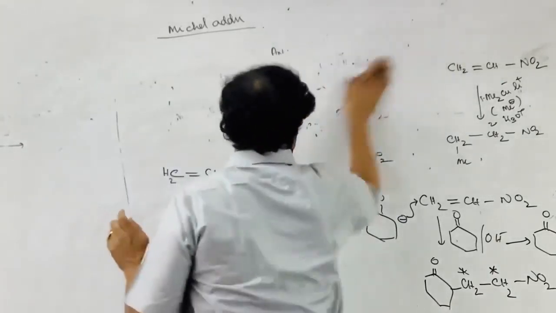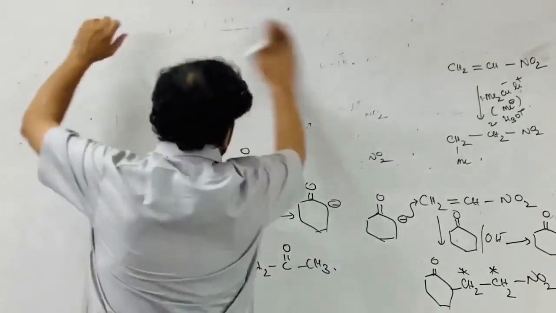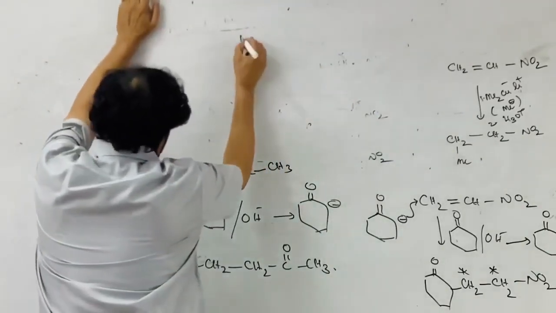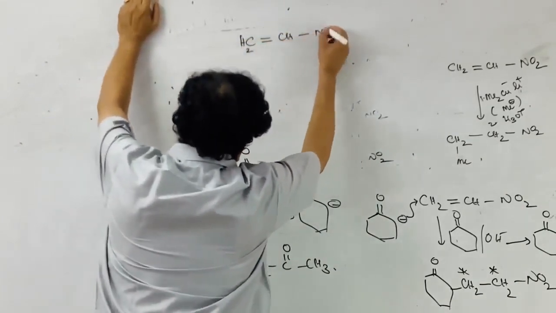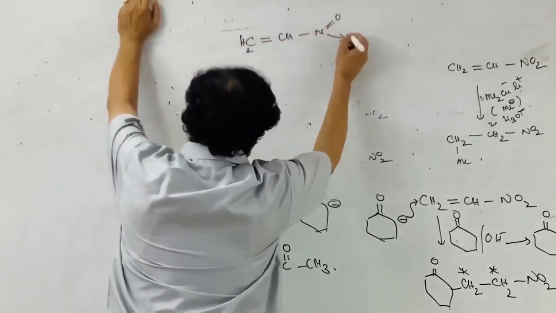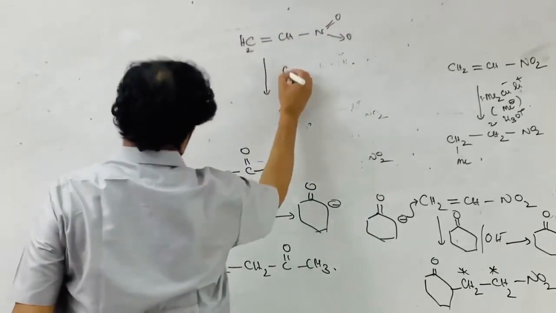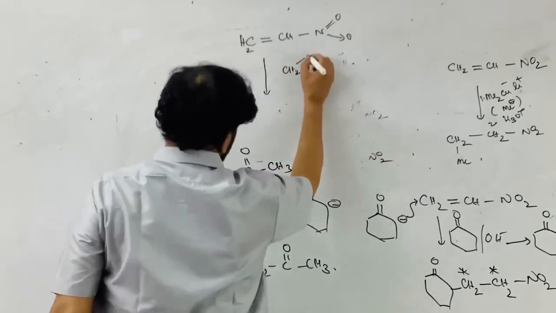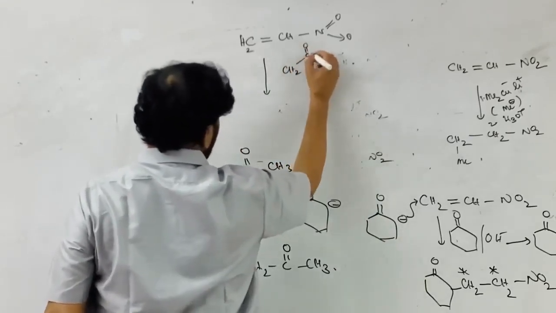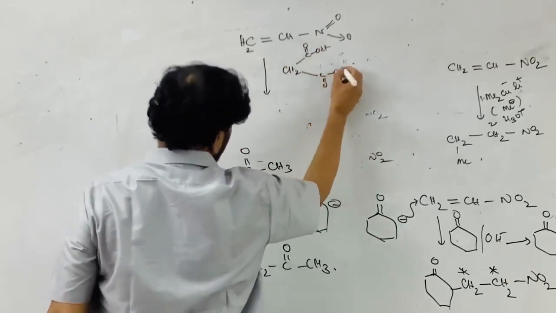See, not only this, you can take other things also. For the electron withdrawing group, I have taken the non-interfering nitro group. This is treated with active compounds containing an active methylene group, that is C double bond O, OEt, diethyl malonate.